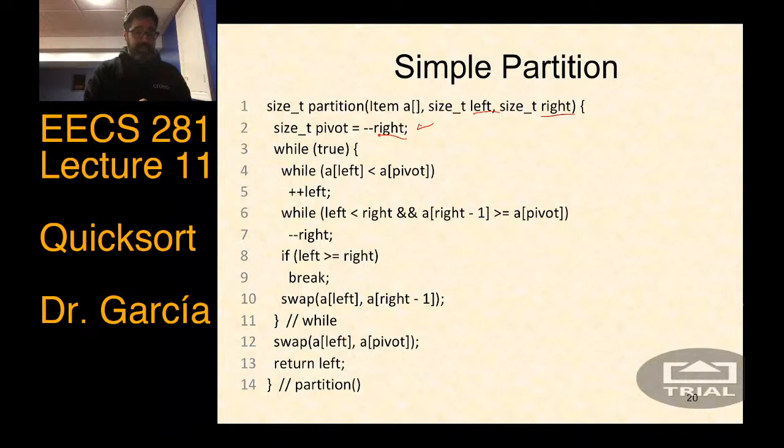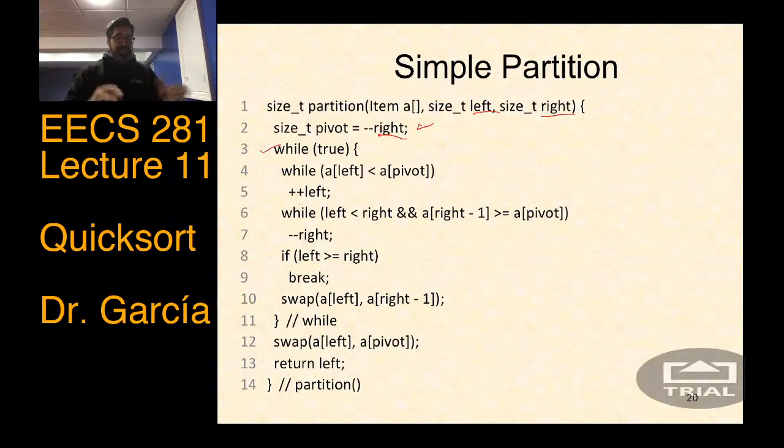Then we have a while true, which is easier to look at and explain here, but there are better ways to write this so you don't end up having to do a while true, because that looks funky.